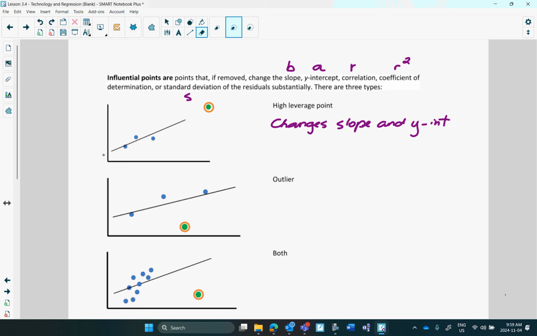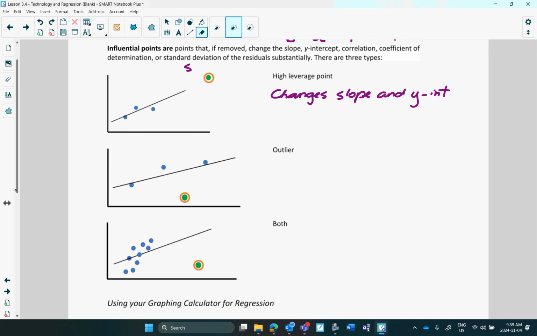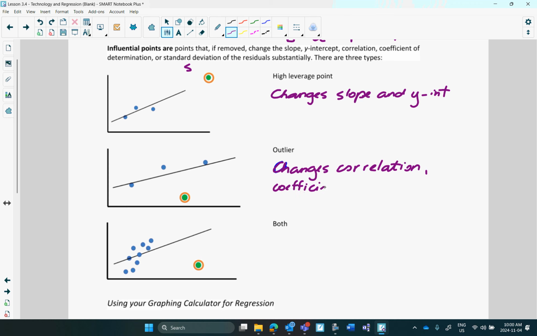Outliers we talked about. Okay, this is back from the previous lesson. What do outliers do? Well, we talked about that. It can change the correlation, which means if it changes the correlation, it's going to change R squared, or the coefficient of correlation.